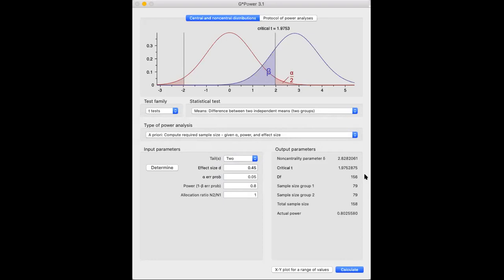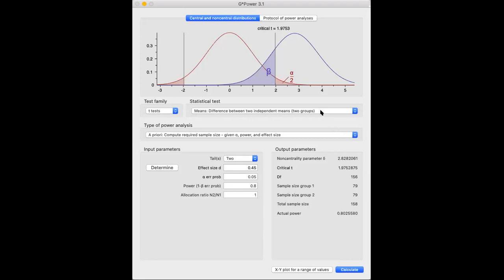I think some earlier researchers recommended that you need at least 40 observations per group if you use a between-subject design, that is, if you randomly assign participants into different groups. But what we are showing here is that if you want to achieve 80% power with an effect size of 0.45, which I believe is a medium effect size, you would need 80 participants per group.